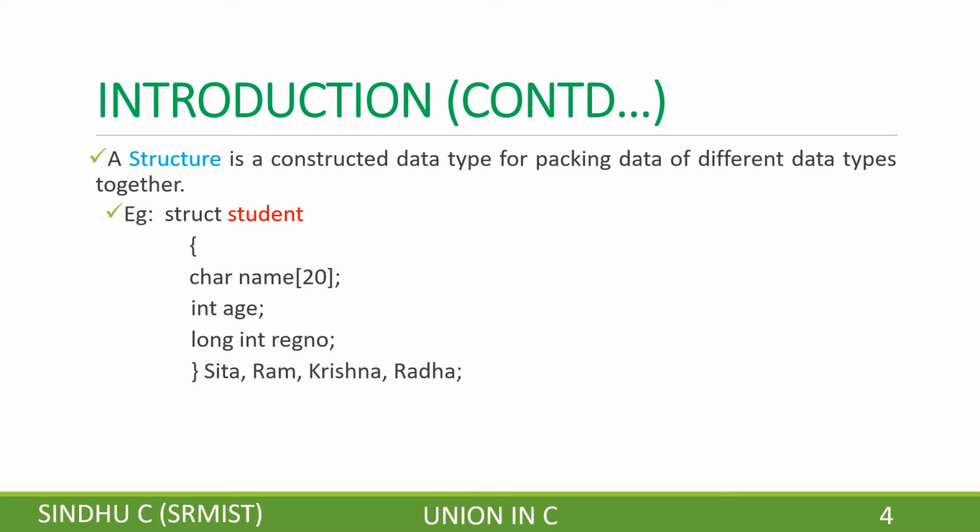An array variable stores multiple values of the same data type. A structure variable, here in the example say Sita, can hold multiple values of different data types, say name, age and registration number. Now union is just similar to this. You can simply use union student and the rest of it is the same. So there is no big difference between how you define it.